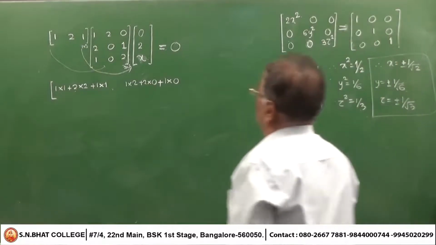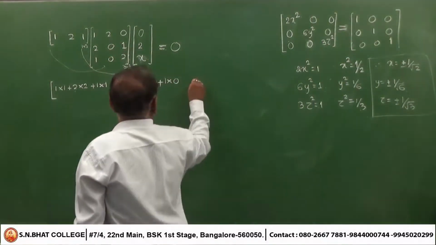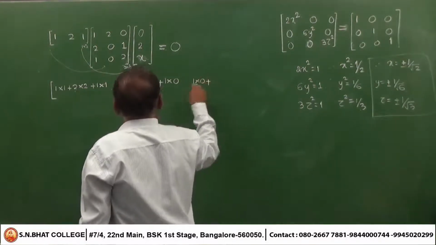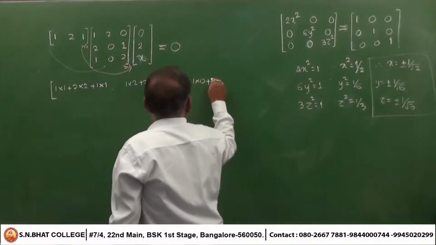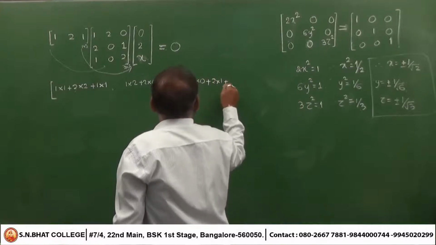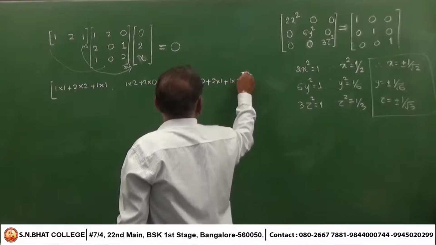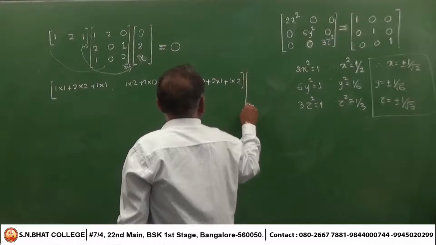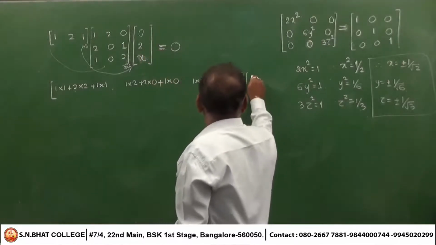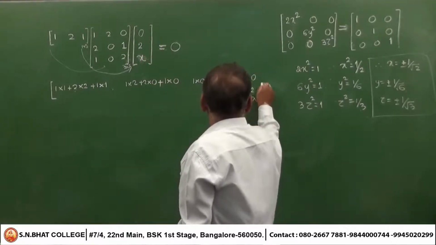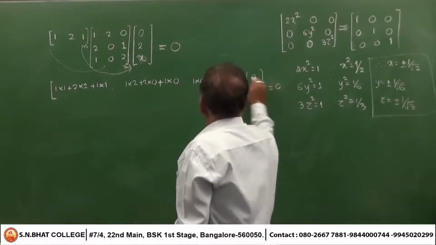Next, first row third column. 1 into 0 plus 2 into 1 plus 1 into 2, into, write this matrix, 0 2 x is equal to 0.